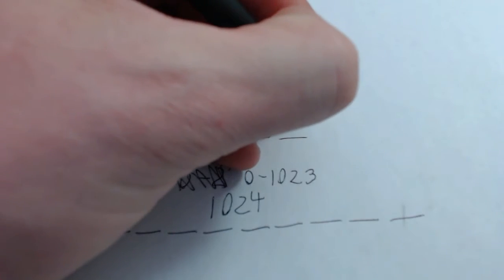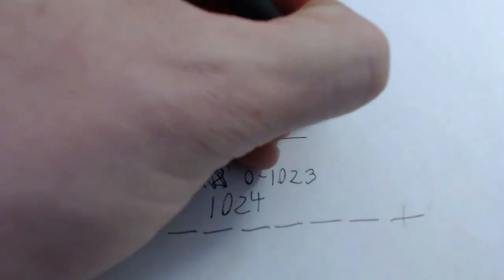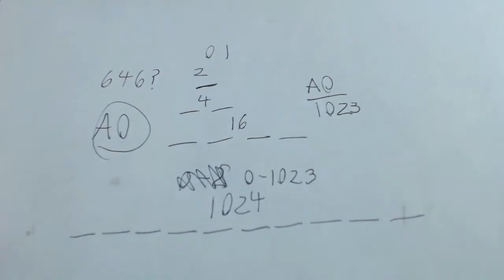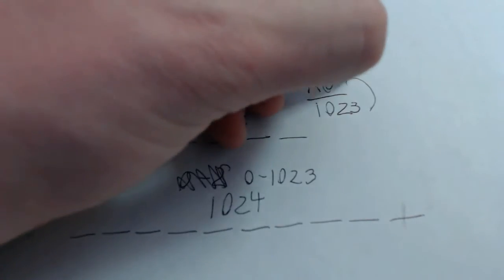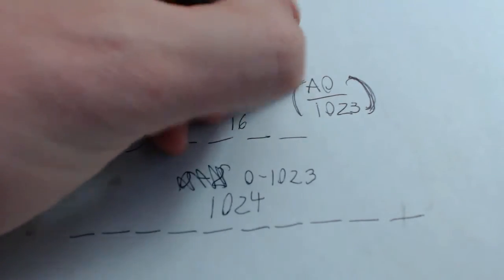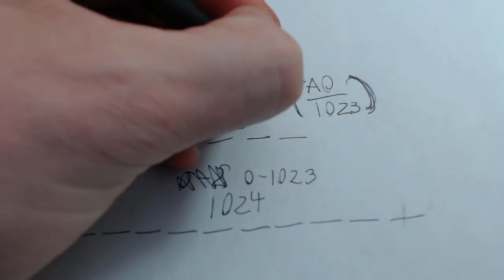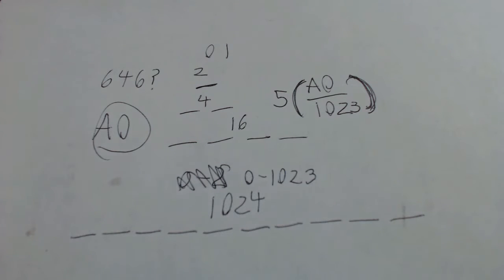So I'm going to take A0, whatever that number is, and divide it by 1023. This should give us a number: A0 is this much of 1023, this percentage, this decimal. Then I'm going to multiply it by my starting voltage, which is 5.